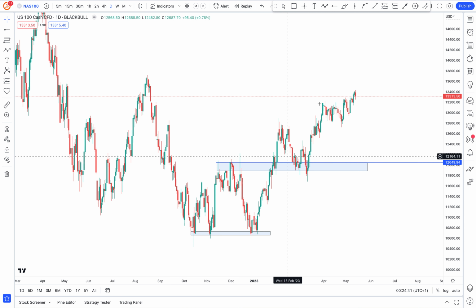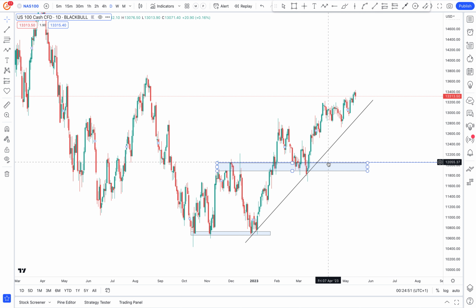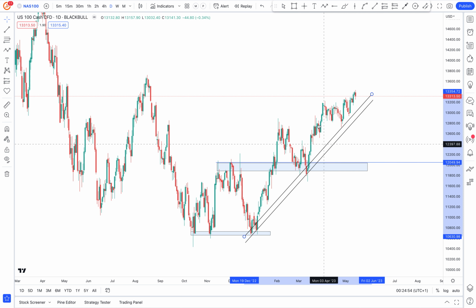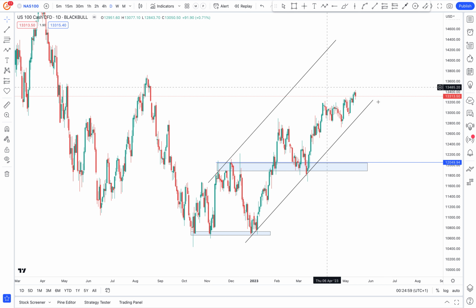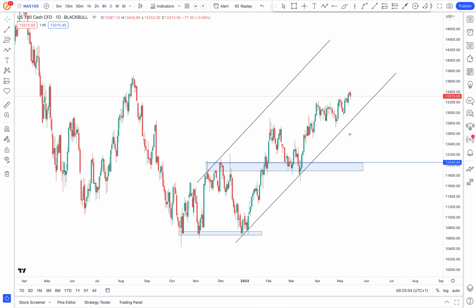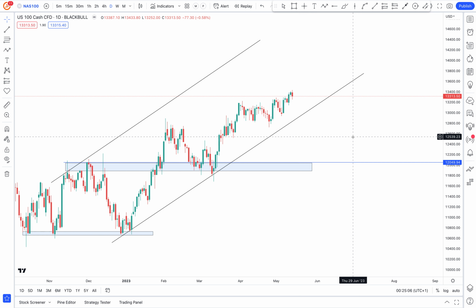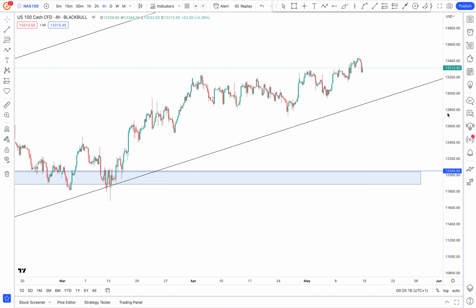What I'll be expecting is for us to continue with the trend, because the trend has been majorly bullish on NAS100. All we should be anticipating is for us to continue to ride this bullish market. We'll just be looking for a minor correction to the downside, and then a push back up. Let's go down to the 4 hours and see what's currently going on.